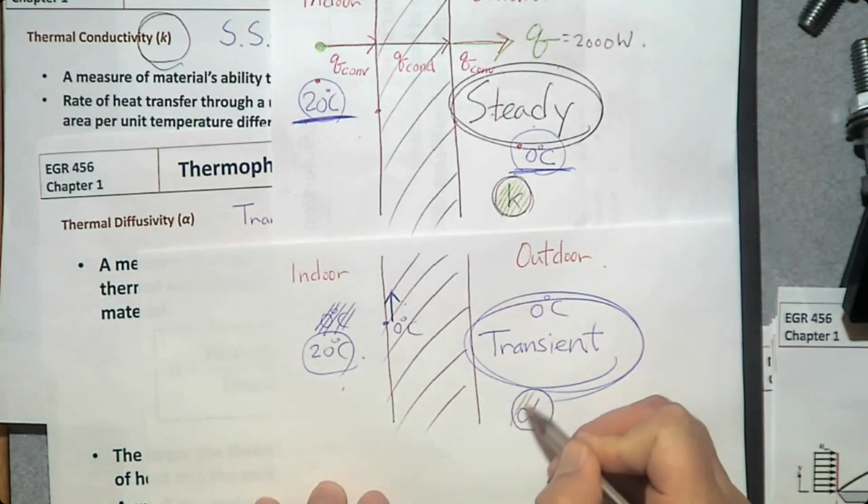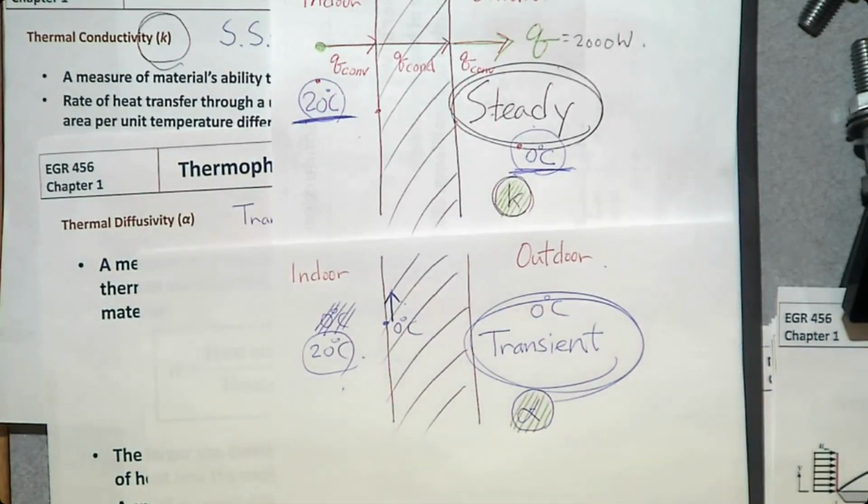And this thermal diffusivity alpha shows how fast heat can transfer, so the temperature of the material can go up. These two properties are among the most widely used thermophysical properties in heat transfer. We use K in steady heat transfer problems. We use alpha in transient heat transfer problems.